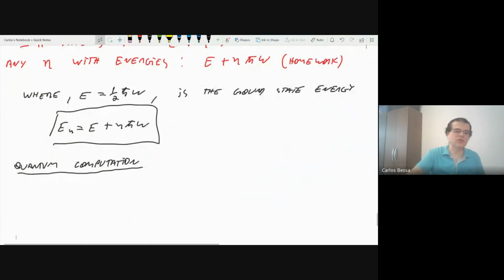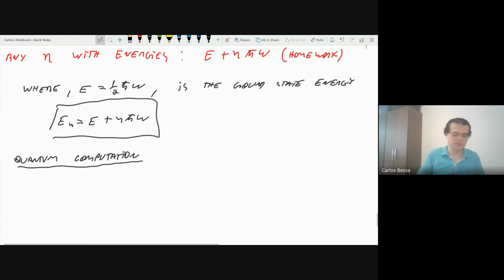Okay, let's see the quantum computation part. So this is quantum mechanics so far, and we'll use a lot of these things that we learned today, not only from this lecture, but for the other types of quantum computing models. So let's see here. I'll try to be quick.